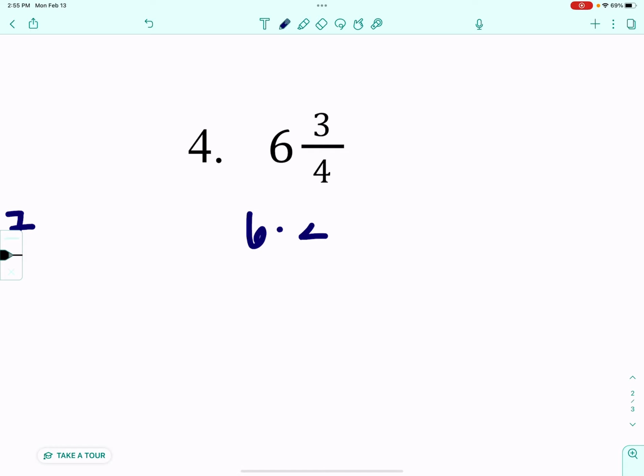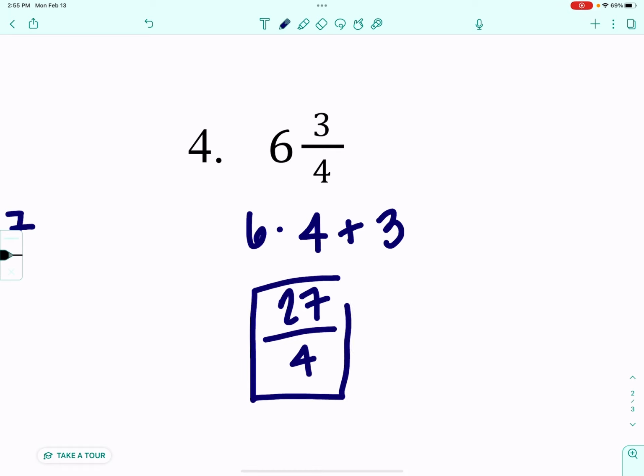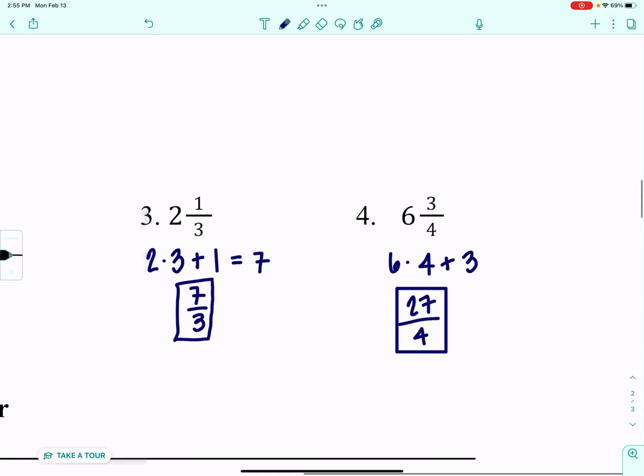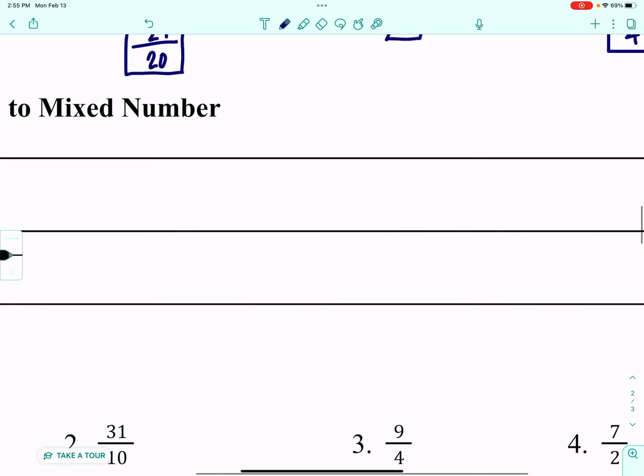Whole number times denominator plus the numerator is 27 over the denominator. So that is converting a mixed number to an improper fraction.